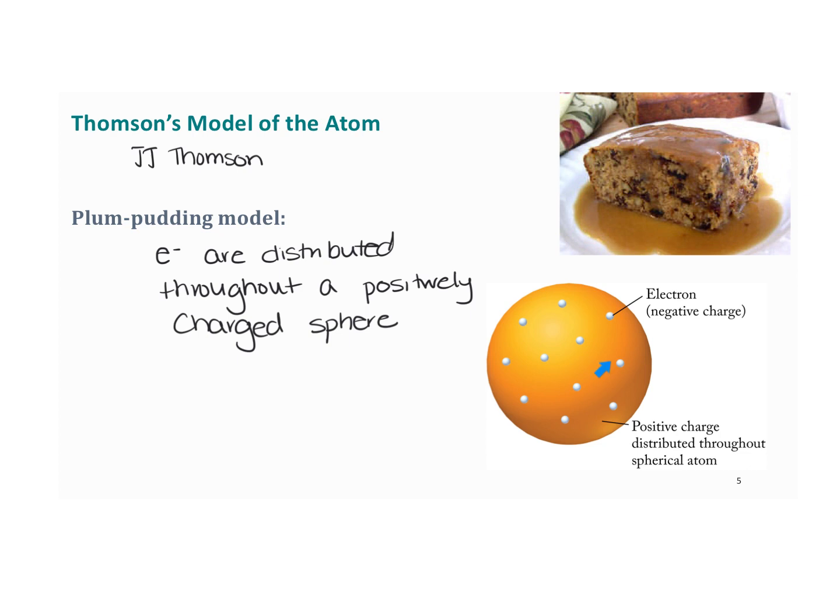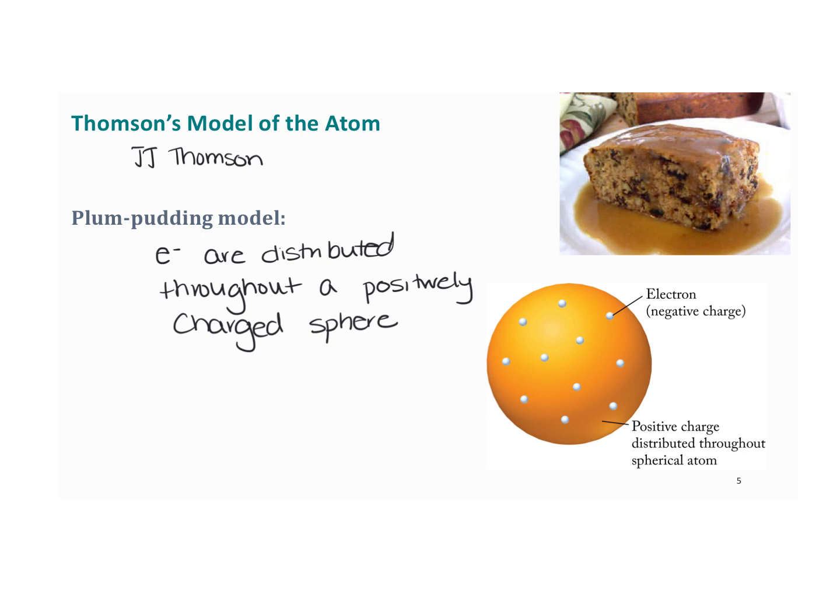You might even think of this maybe as the chocolate chip cookie model. But basically, what he said is, look, we got positive charge here. It's very, very diffuse. It's distributed all across here. And we have these little electrons that are embedded in this positive charge, like plums in plum pudding or chocolate chips in a chocolate chip cookie. Okay, and so that was the model of the atom that he proposed.